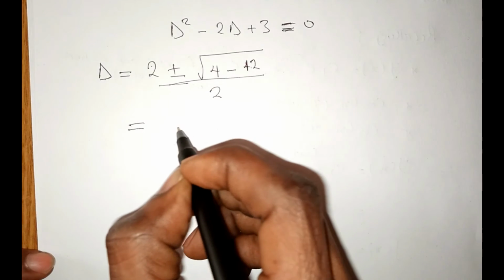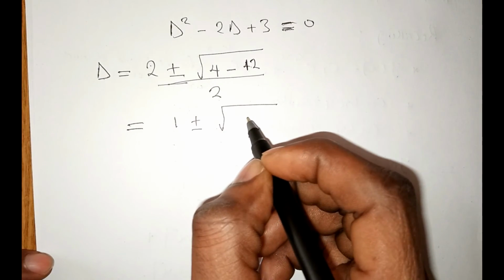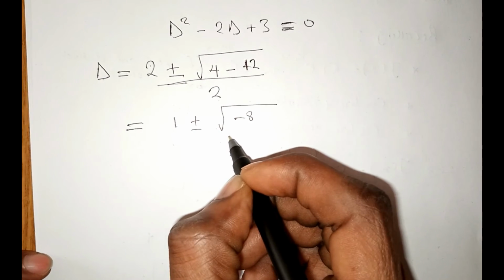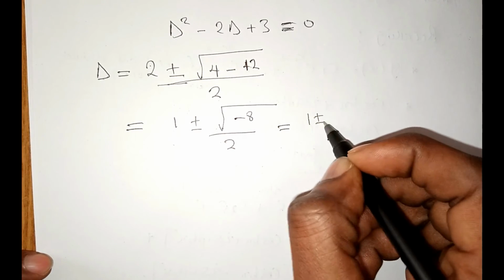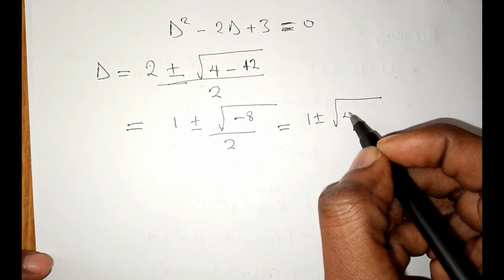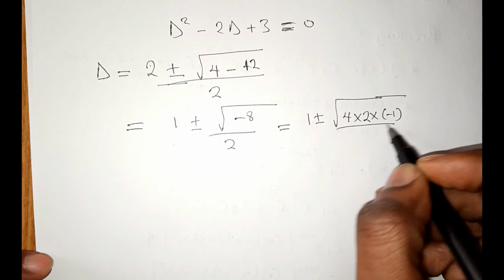So 2 divided by 2 is 1, we will have 1 plus or minus the root of 4 minus 12, that is minus 8, all over 2, and using surds we can write this as 4 multiplied by 2 multiplied by minus 1 all over 2.